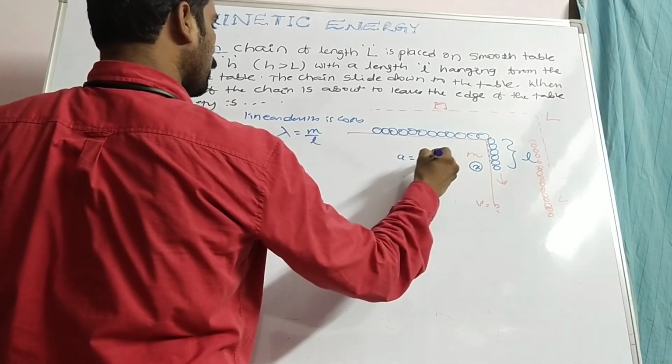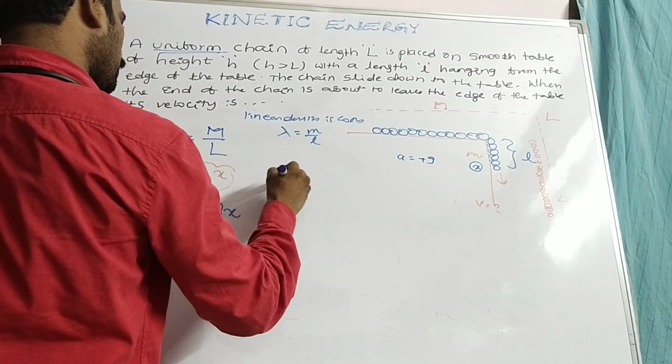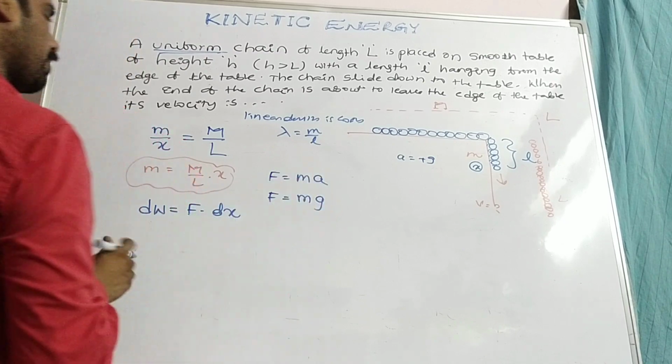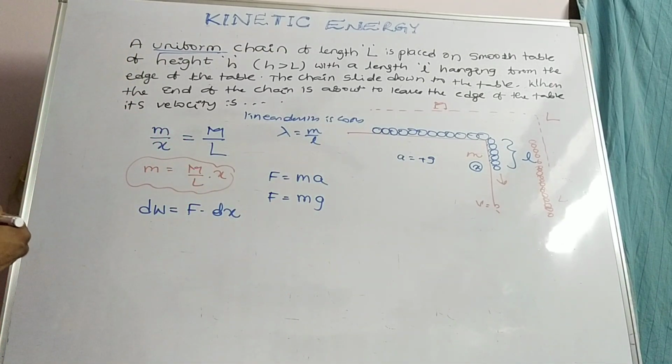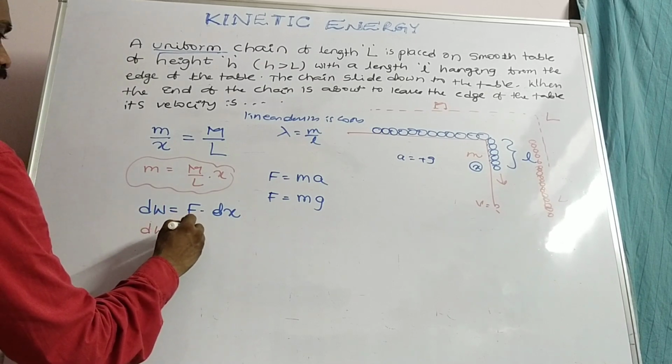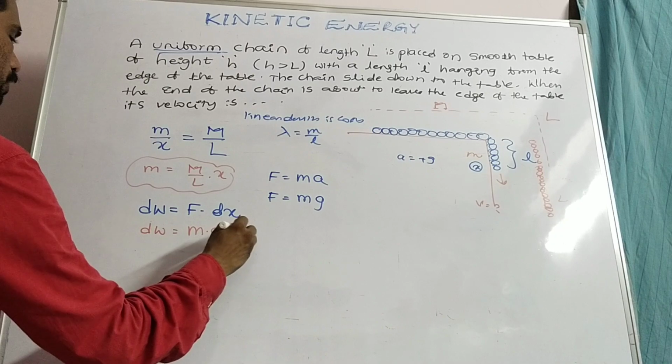So F is equal to m into g, and hence the expression becomes dW is equal to m into g into dx.